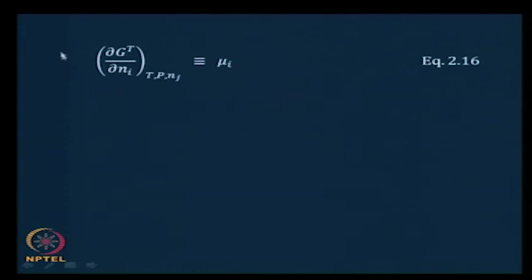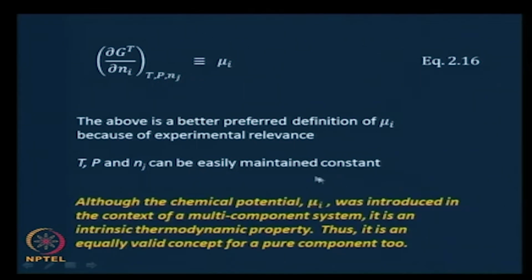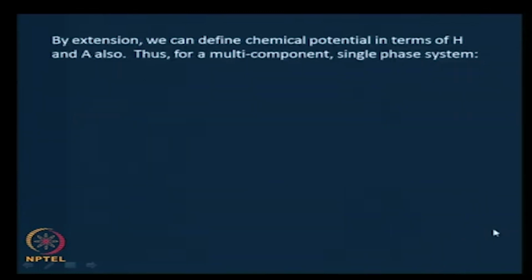This is predominantly the way it is used, although there could be other definitions of the chemical potential, because it is much easier to keep T, P and Nj constant while doing an experiment to measure this. And also we saw that although the chemical potential has been introduced in the context of a multi component system, it is an intrinsic thermodynamic quantity, a very basic quantity, and it is an equally valid concept for a pure component also.